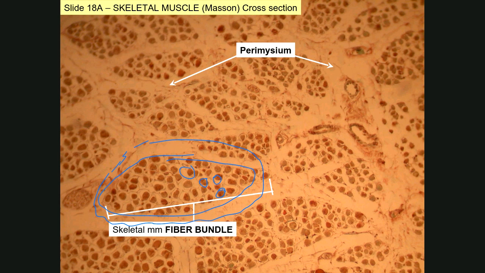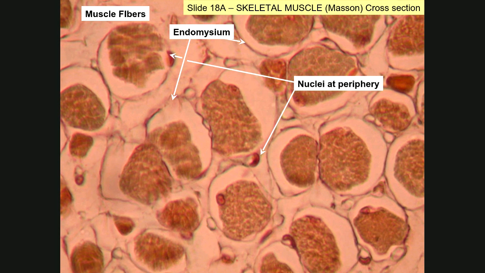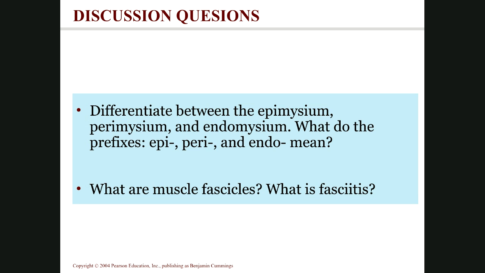The white area around the red circle will be the endomysium. And then if you focus on one of these cells inside the fascicle, you'll see the actual cell, and surrounding it, the endomysium. So again, the endomysium is outside of the cell membrane.